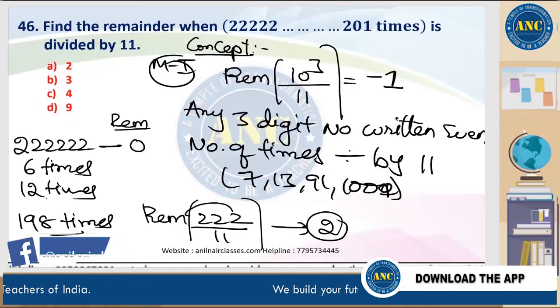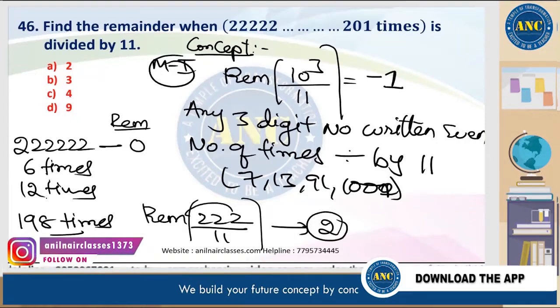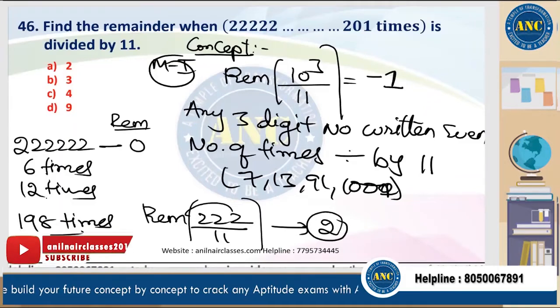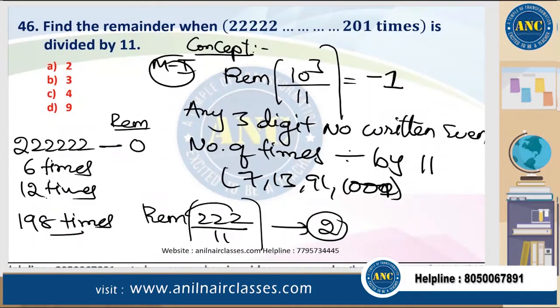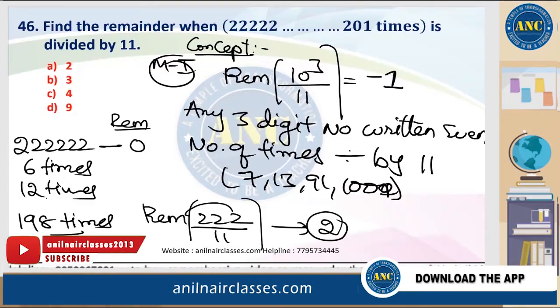So 6 times, 12 times, 18 times, 24 times, 198 times. Remaining is 3 times: 222 divided by 11. 11 twenties are 220. Remaining is 2. I hope the idea is clear. This is method 1.